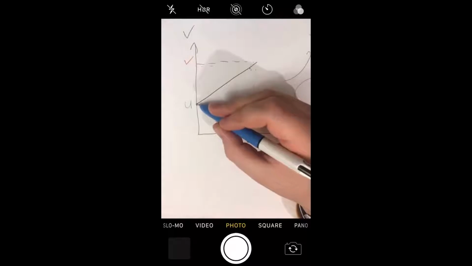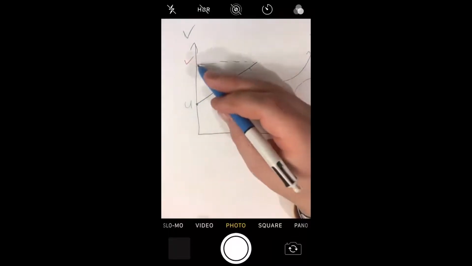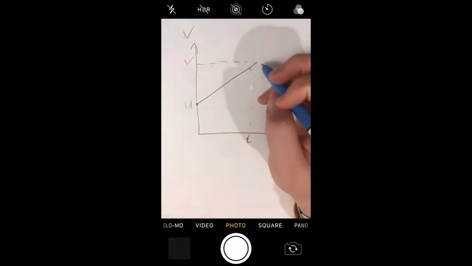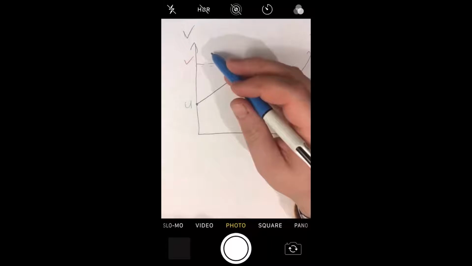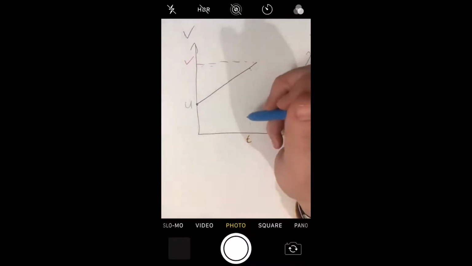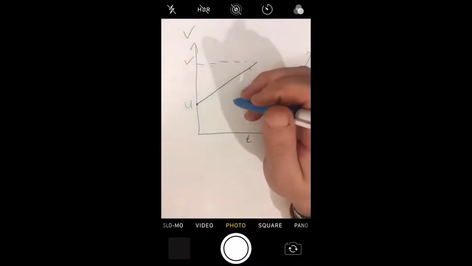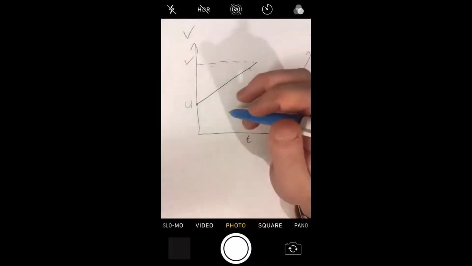Maybe this is 10 meters per second, maybe this is 60 kilometers an hour, and then we've changed to a higher speed, so maybe 100 kilometers an hour. Just from 60 to 100 kilometers an hour. We've done that in, say, 10 seconds or something. So here's the question: what can we find out about this graph?